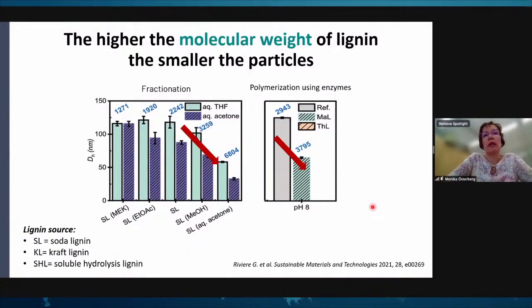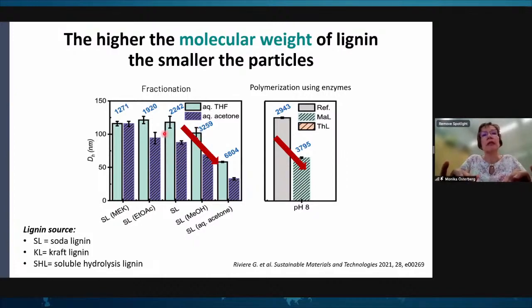So one thing that we have found, and also many others have found, is that the higher the molecular weight of lignin, the smaller the particles. In this first picture here, we have used different solvents to fractionate the lignin. And if you look at the numbers here, those are telling the molecular weight of that material.